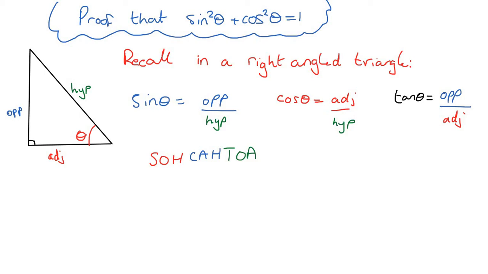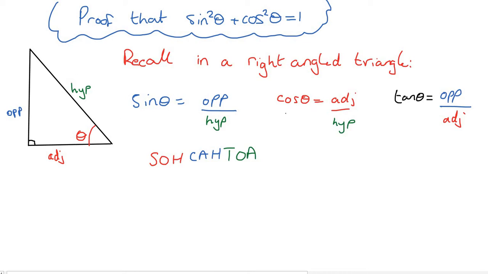Now, the first thing we need to remember is the way in which sine, cosine, and tangent are defined. So here we have a right-angled triangle. It has one angle, which is a right angle, and this angle theta. Sine theta is equal to the opposite side to the angle, which is this one, divided by the hypotenuse.